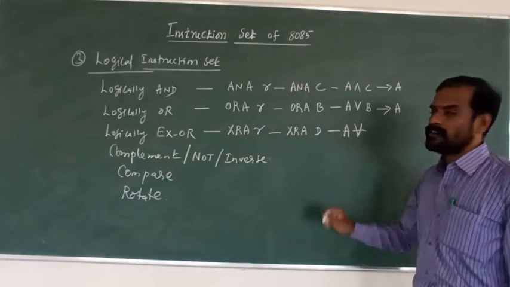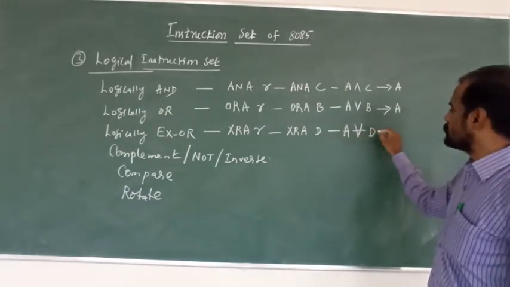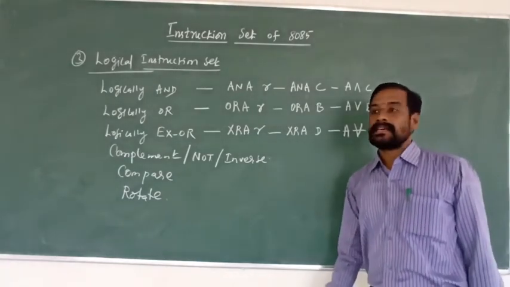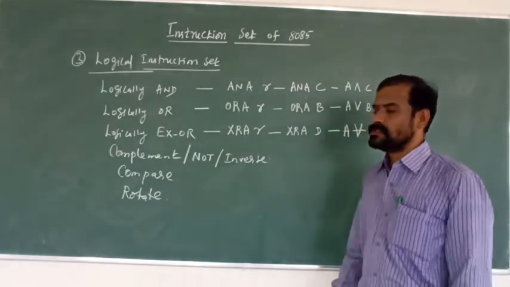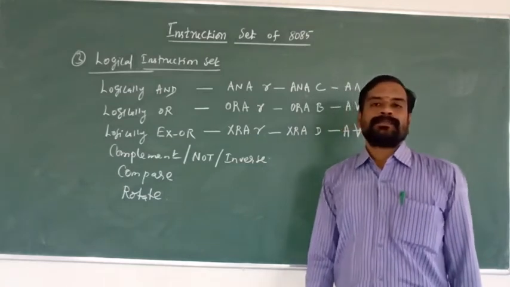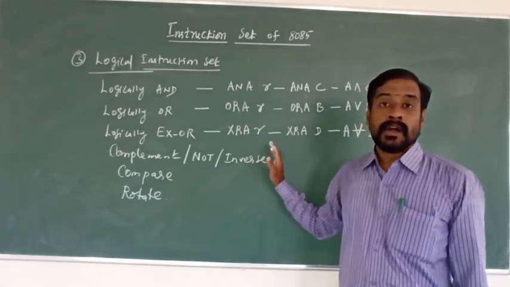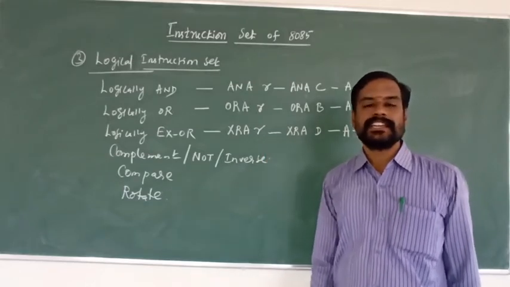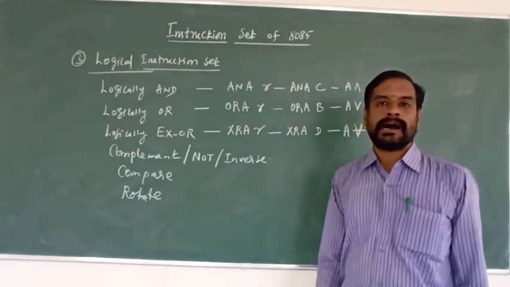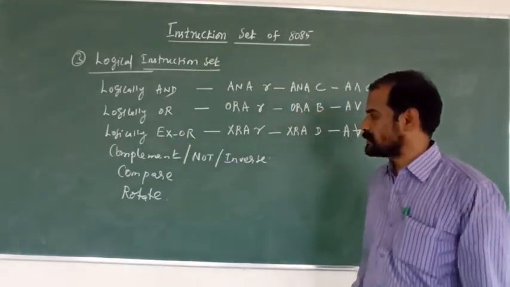This is the symbol of exclusive OR, accumulator with the D register, and that result is moved to the A register. The operation of exclusive OR: if both inputs are the same, 0 0 or 1 1, now the output will be low state. Different inputs, 0 1 or 1 0, now the output will be high state. This is the operation of exclusive OR.